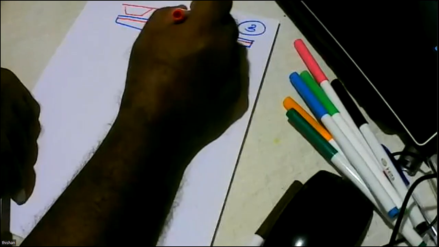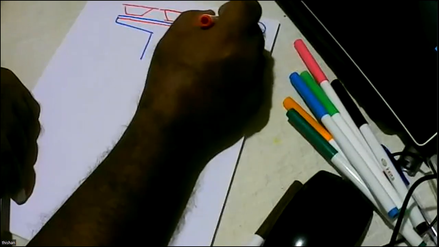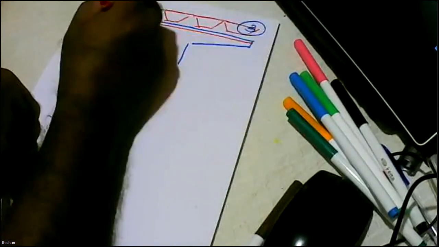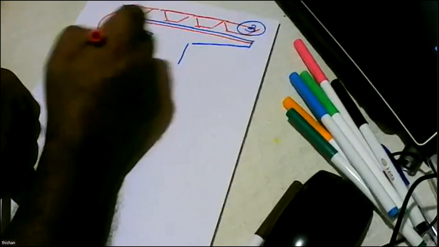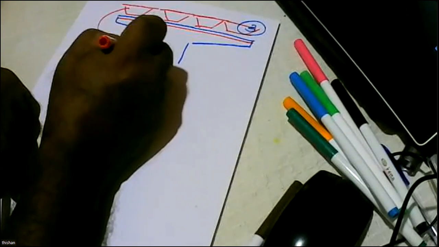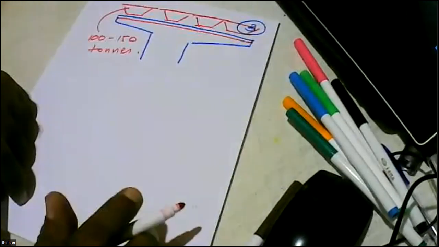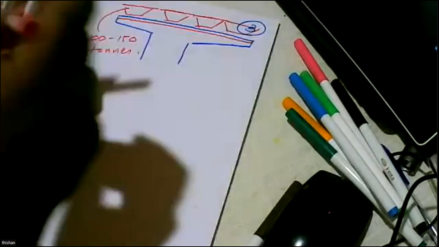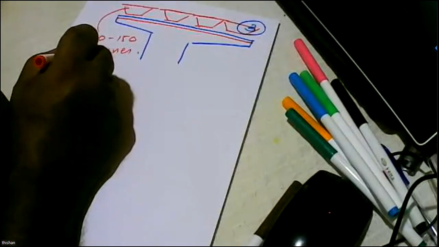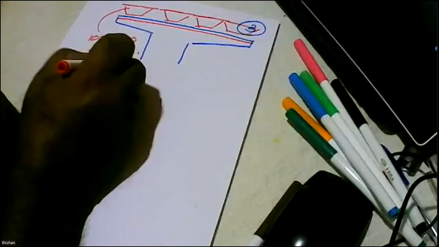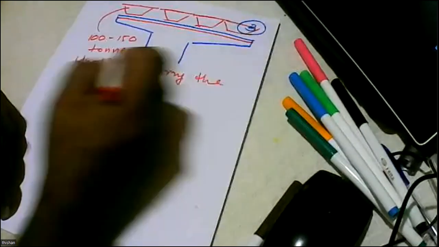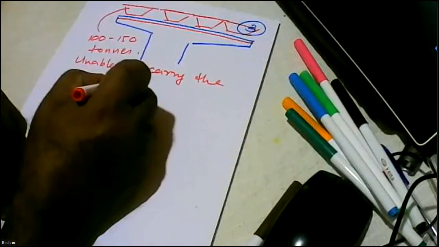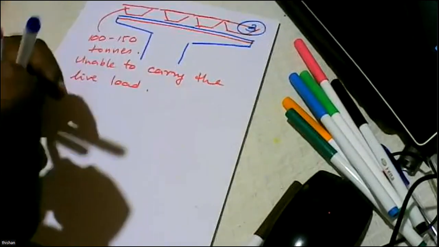Now, when you apply the load of the beams, what will happen? Now, the weight of each beam can be about 100 to 150 tons. What will happen? All this will become level, but still unable to carry the live load.